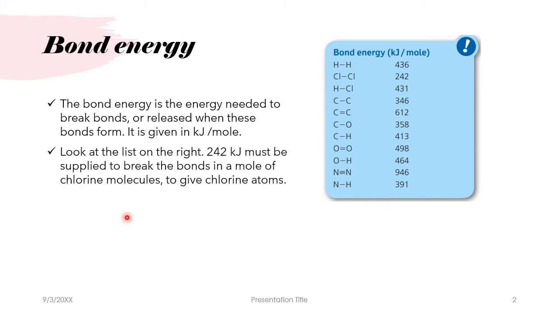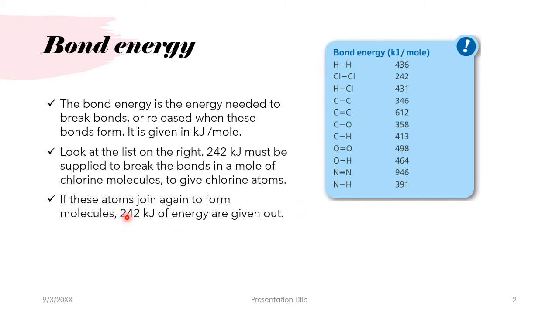Example here, 242 kilojoule must be supplied to break the bonds in a mole of chlorine molecules. So inilah chlorine and chlorine molecule. To break the chlorine-chlorine bonding here, we need 242 kilojoule per mole to give chlorine atoms.